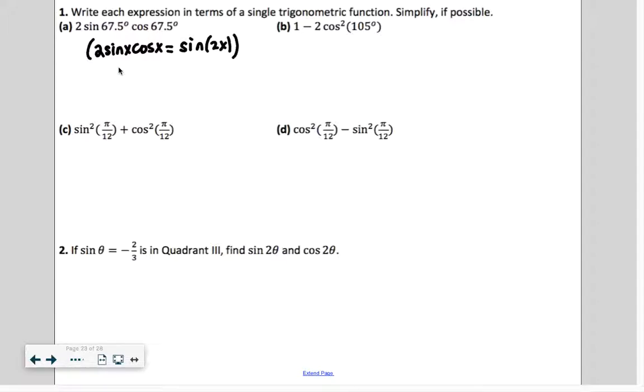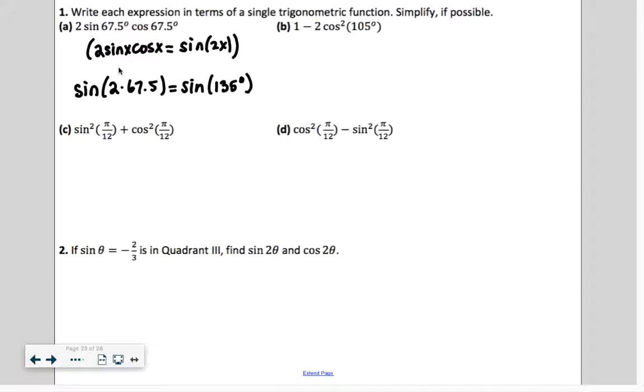So all of this is going to equal sine of 2 times 67.5, which is sine of... do you guys know double 67.5? So 60 plus 60 is 120, 7.5 plus 7.5 is 15, jeez, I can't even talk today. 135. Okay, if that's a unit circle value, I want you to go further.